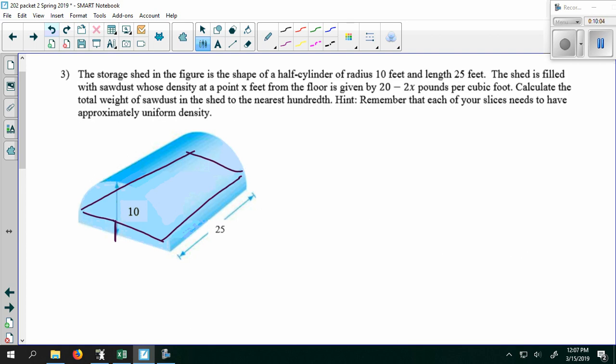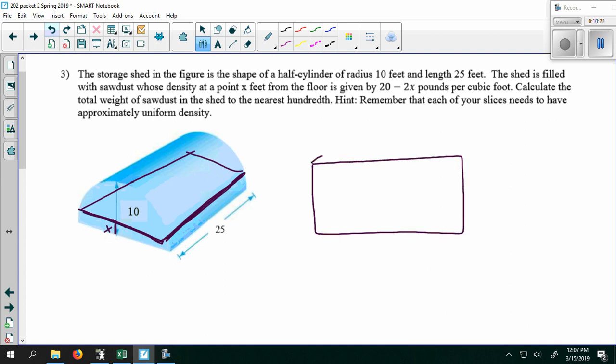It's going to have a little bit of thickness, and it's at a height of x feet off the ground. It might be helpful, if it's hard to visualize this thing in 3D, to redraw my shoebox over here on the side.